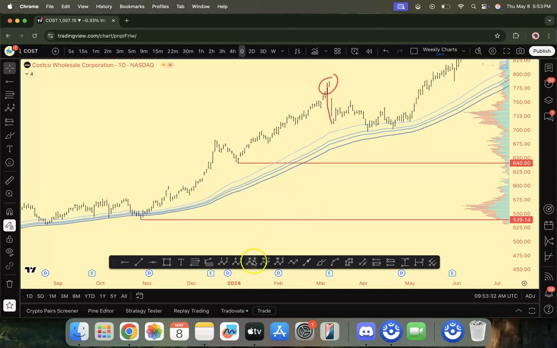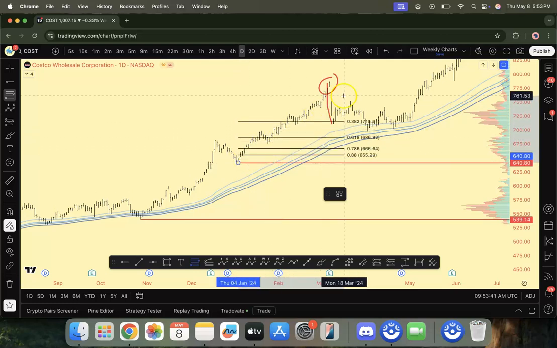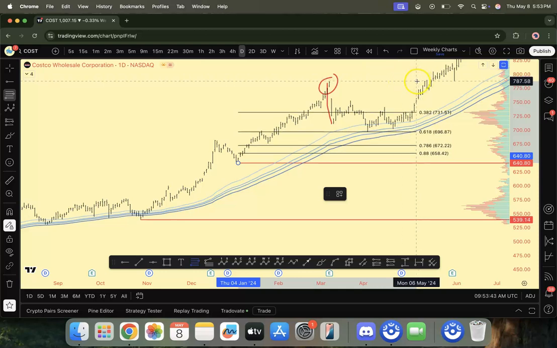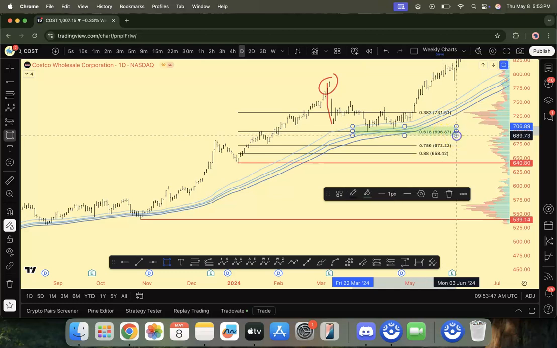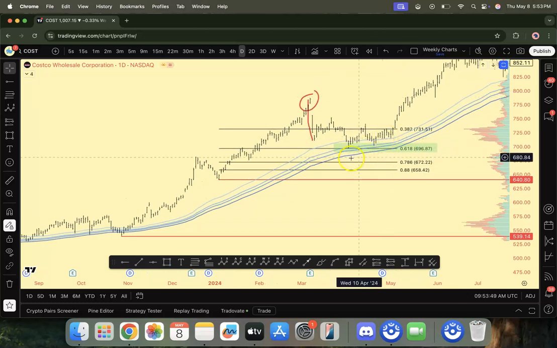Where should you buy? Well, I like to stay with the higher time or the higher cycles first, so I'll take the swing lows and project it out to the swing highs. So boom, you can see it landed right at the 618. So you're going to buy at the 618. And not only that, it's on the moving average. So that's a beautiful confluence.